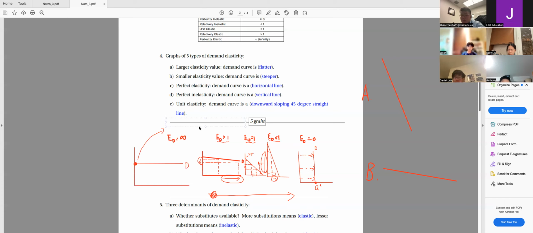This is called the highest price a consumer is willing to pay.